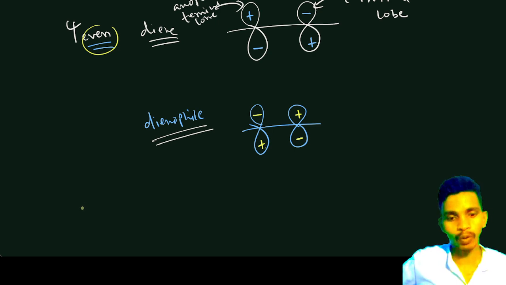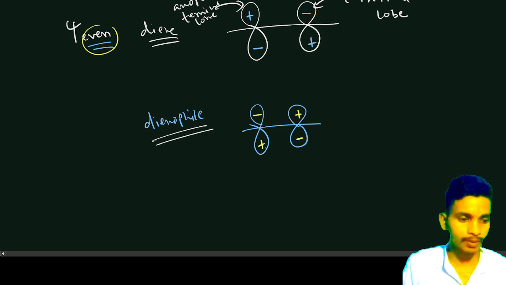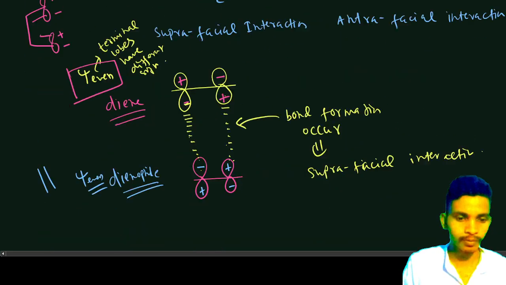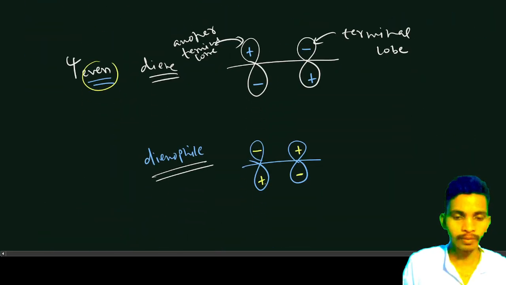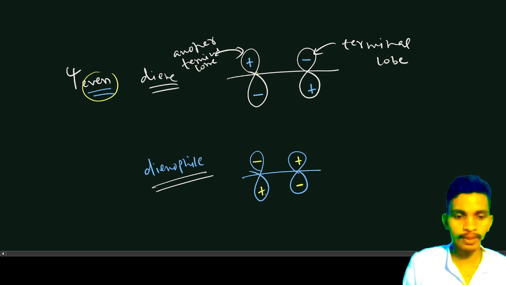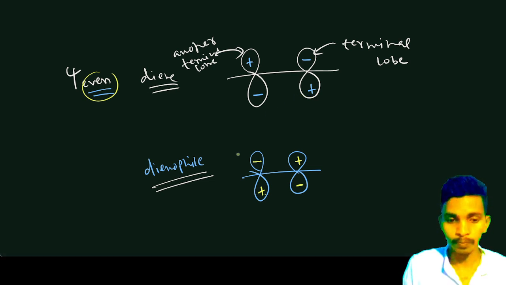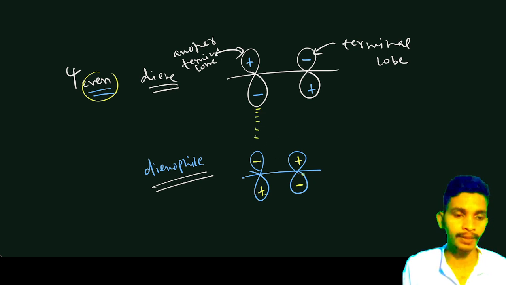Now if you make the bonds, here bond formation is possible. Let's say this is positive and negative, and this negative and this positive, then this has to be positive and negative. Then here interaction is possible and here interaction is also possible.